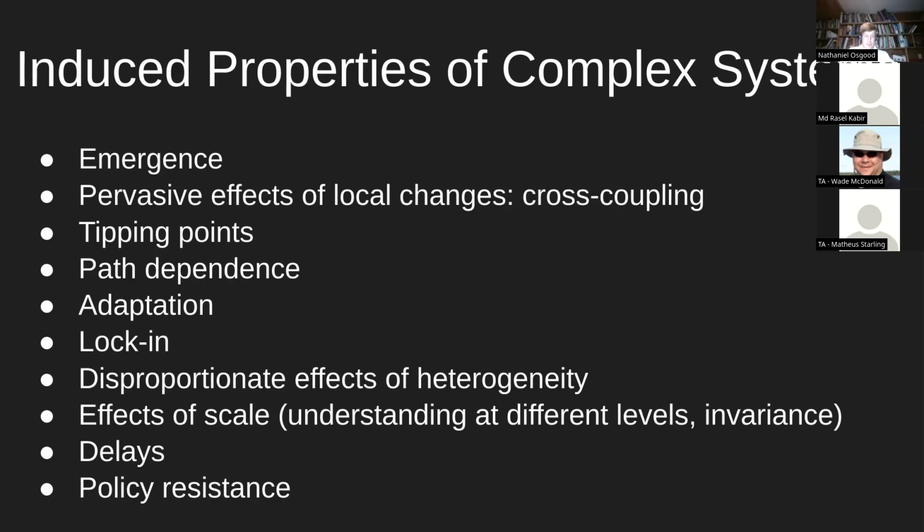Dealing with it after the fact is much, much harder than avoiding it. The benefits of avoiding it are vastly more easily delivered than dealing with it after the fact. And there are many other features here, including effects of heterogeneity that play a big role in agent-based modeling of networks, etc.